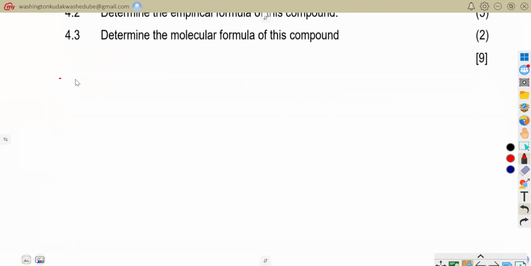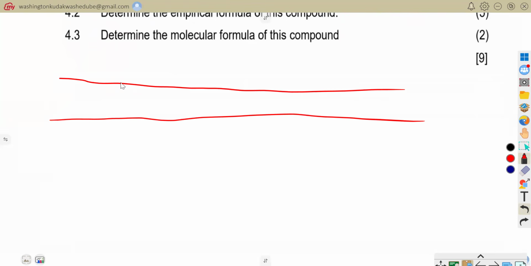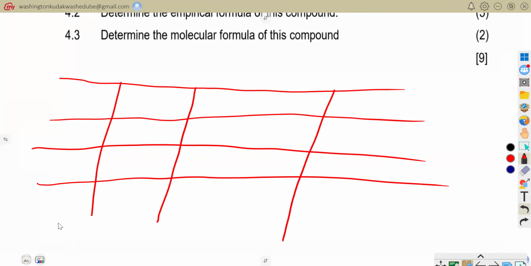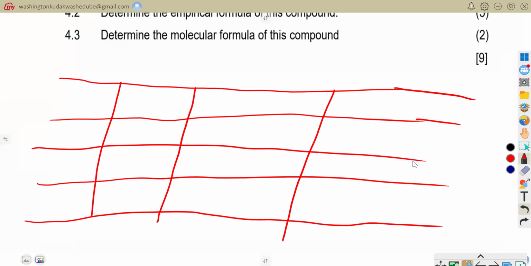I need to know the compound I'm dealing with, then determine the elements within it, then the mass of each element, then the number of moles for each element, and then the simplest ratio of those numbers of moles. So here I would have my elements.